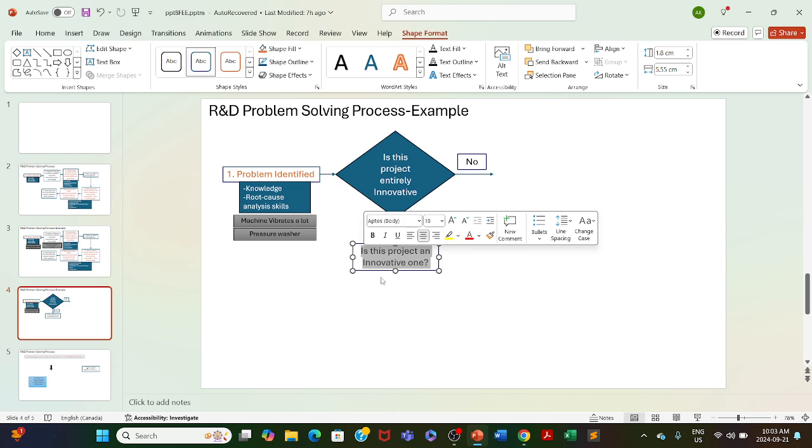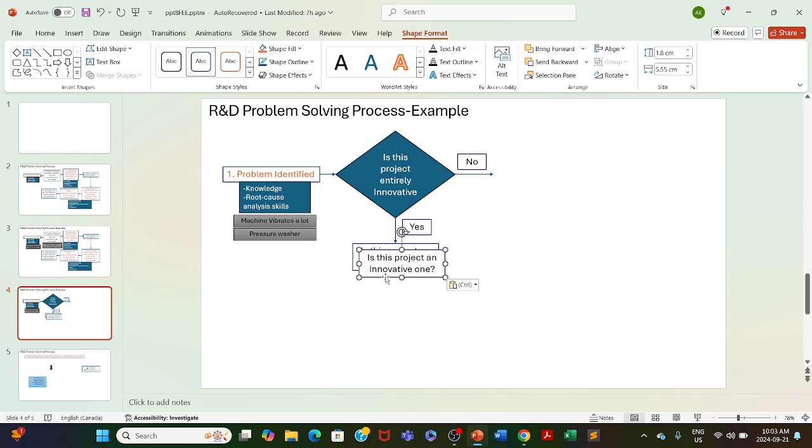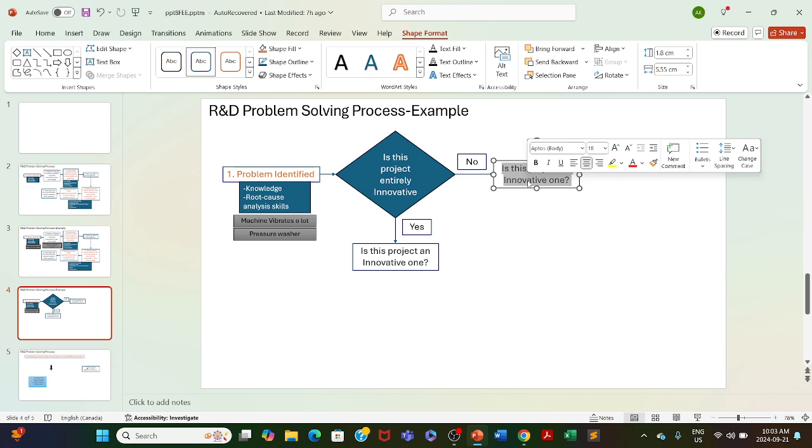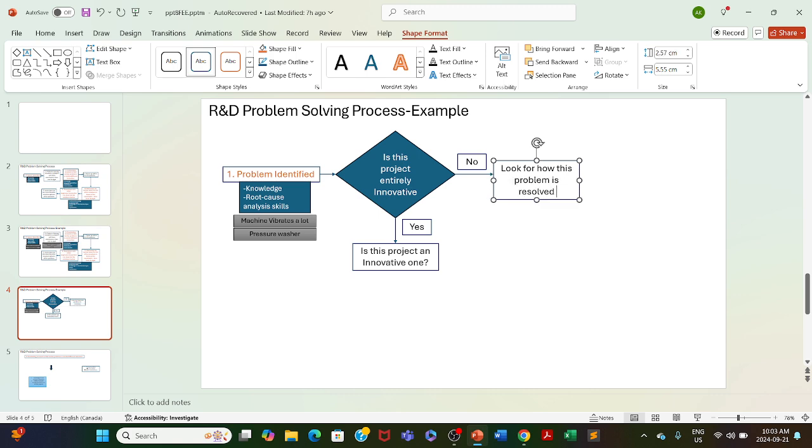So when it's not entirely innovative, then look for how this problem is resolved by the competitors.